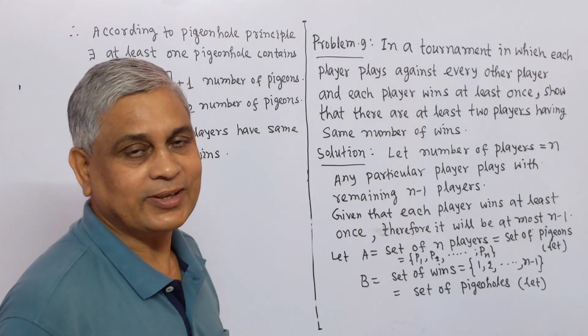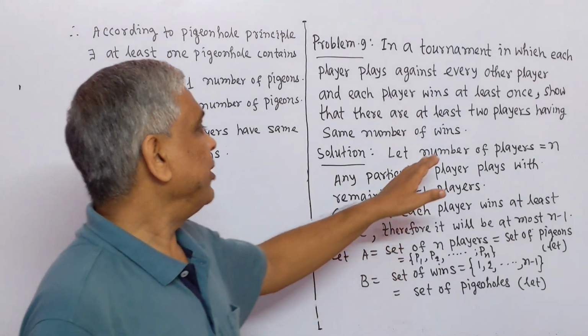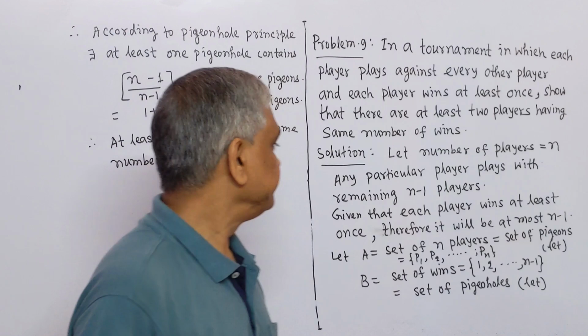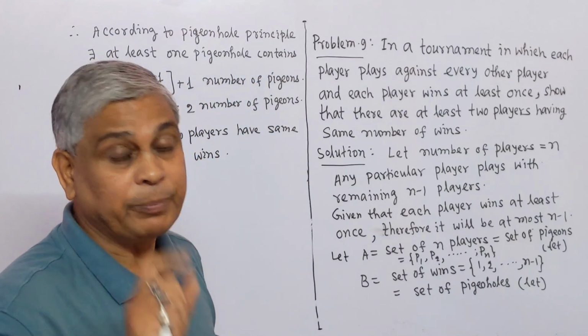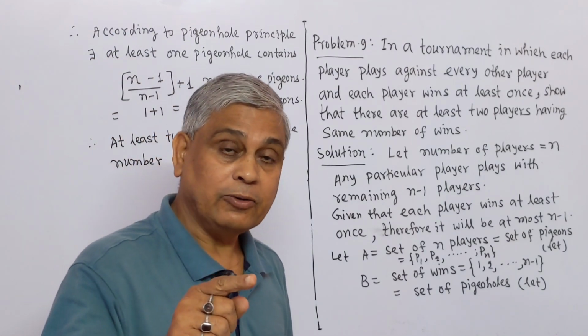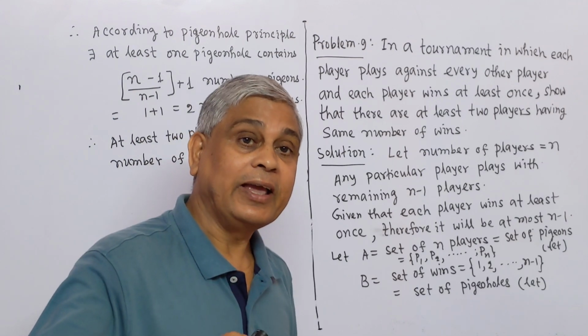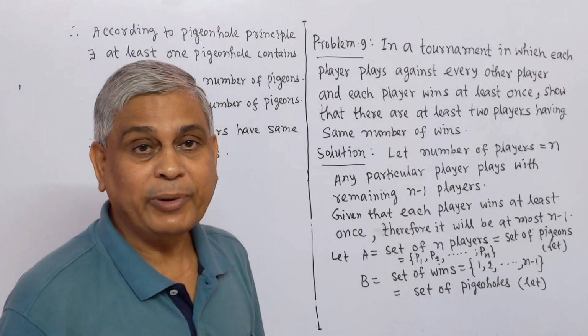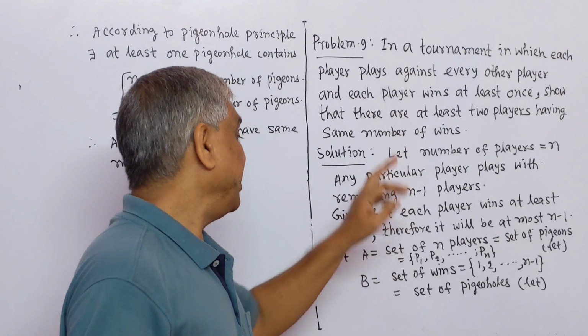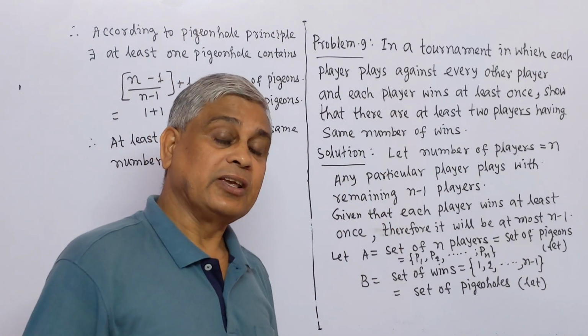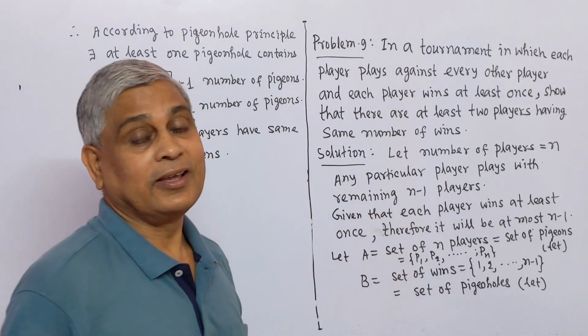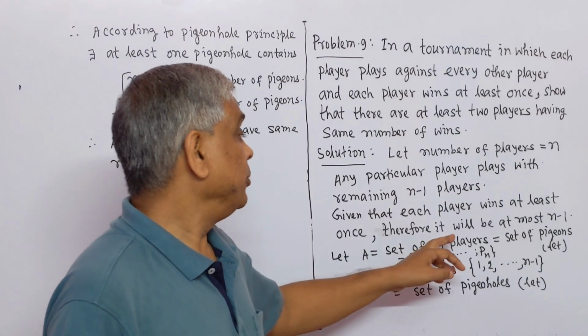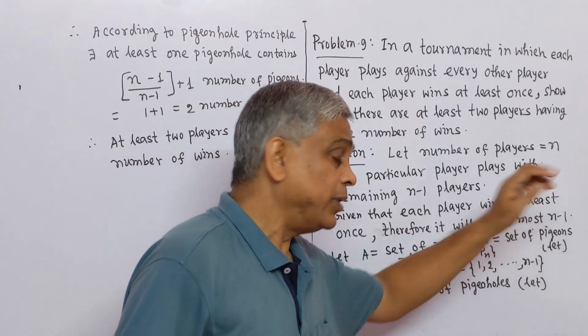Now we solve this. Let the number of players equal n. Any particular player will play with the remaining n minus 1 players. Given that each player wins at least once, the number of wins will be at most n minus 1.